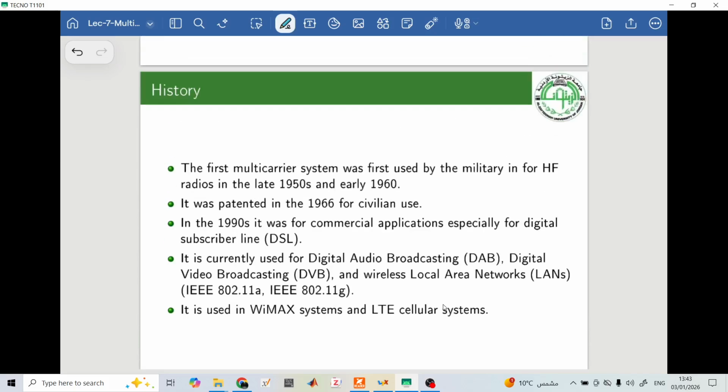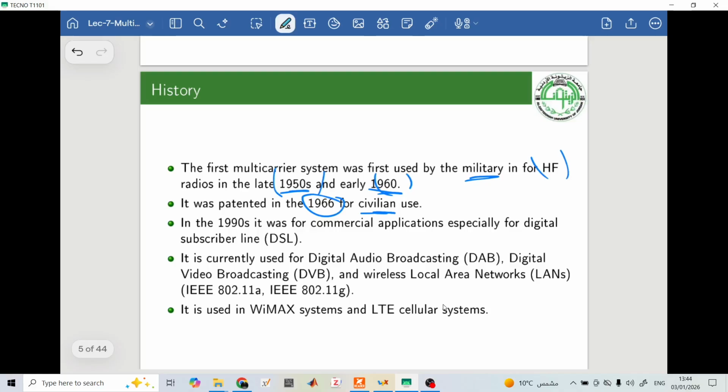Multi-carrier systems are not a new technology. They appeared in the late 50s and early 60s as a military application for high frequency radios for communication, and then it became a civilian technology in 1966.